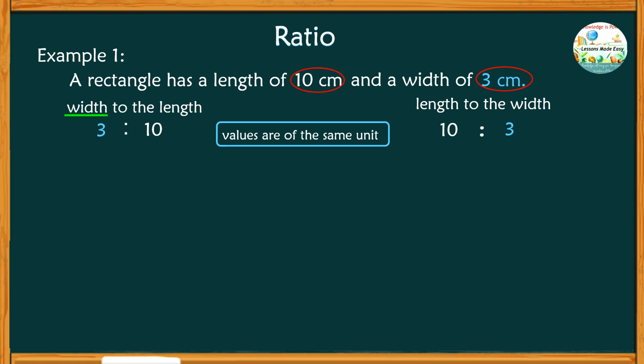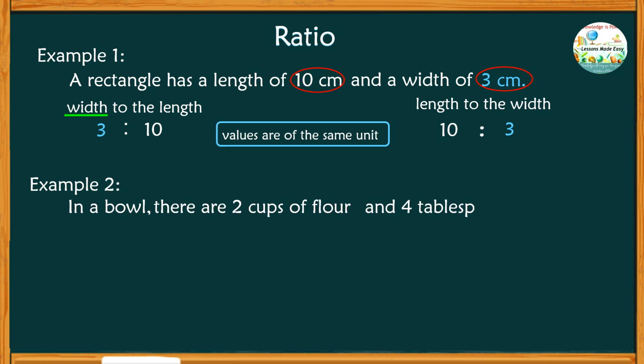But take a look at this example. In a bowl, there are 2 cups of flour and 4 tablespoons of sugar. Find the ratio of the flour to sugar and the ratio of the sugar to flour. Notice that the 2 units are different. One is cups and the other is tablespoons.